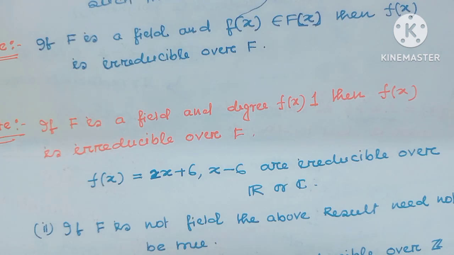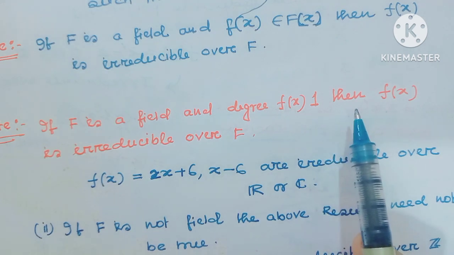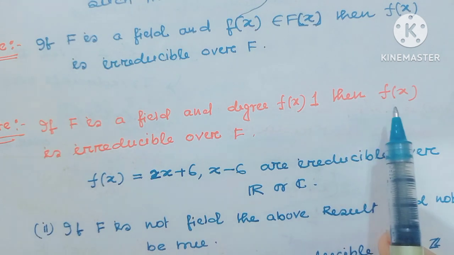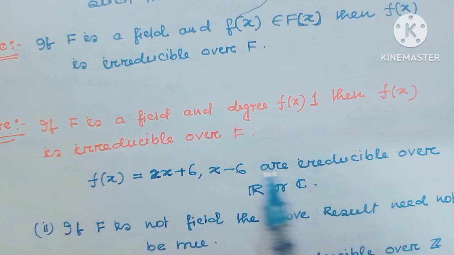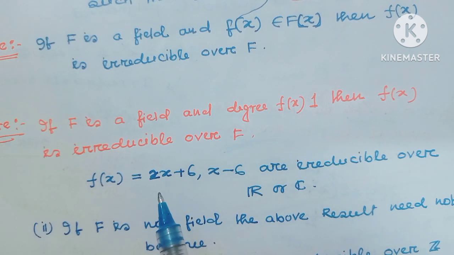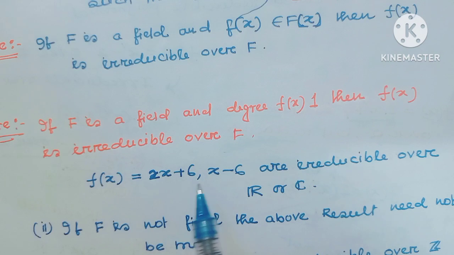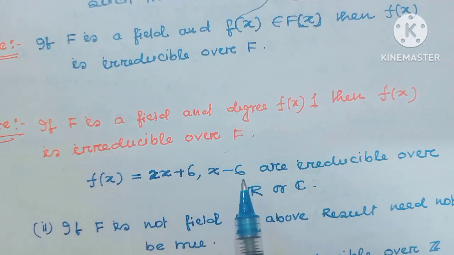If F is a field and the degree of f(x) is 1, then f(x) is irreducible over the field F. As for example, f(x) equal to 2x plus 6 and x minus 6. Here the degree of the polynomial is 1.